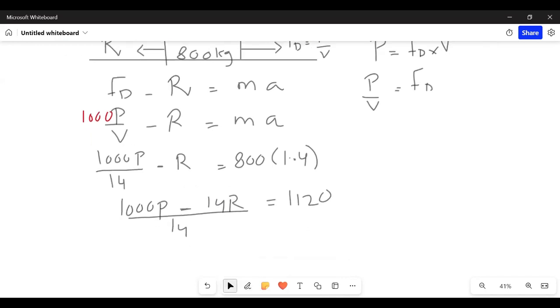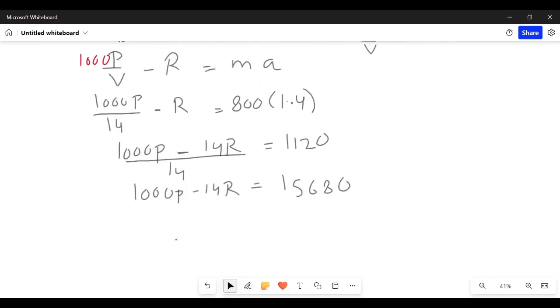And when we simplify this, we get 1000 P minus 14R is equals to 14 into 1120, which is 15680.